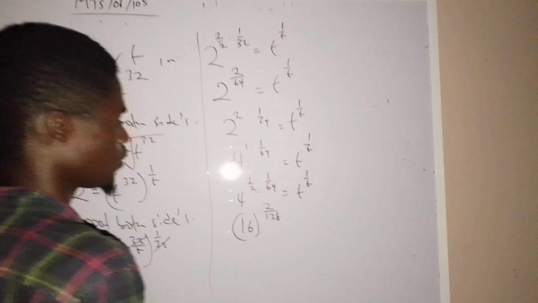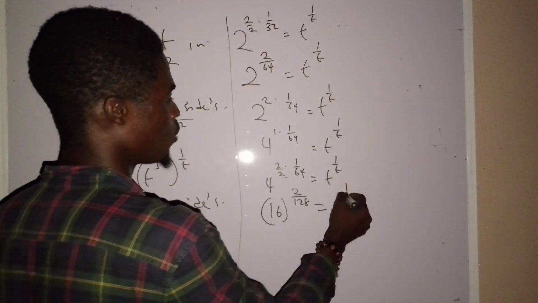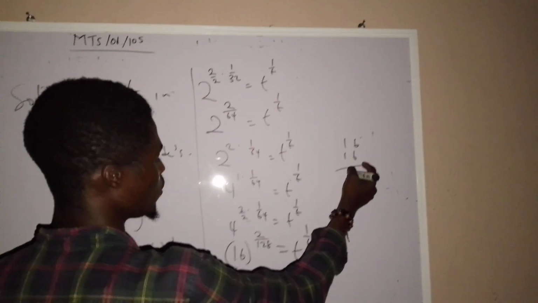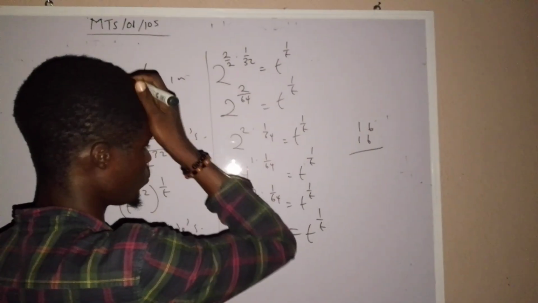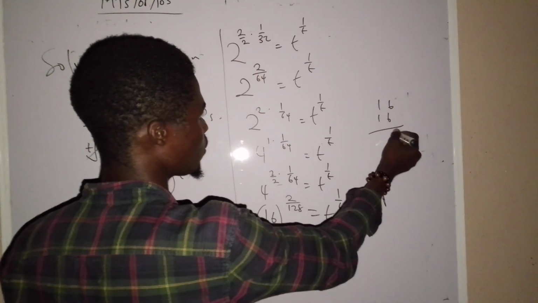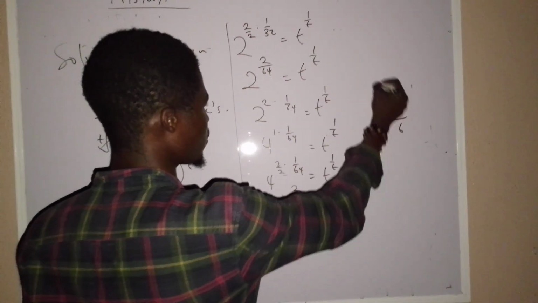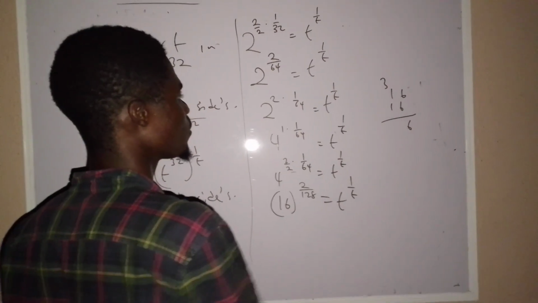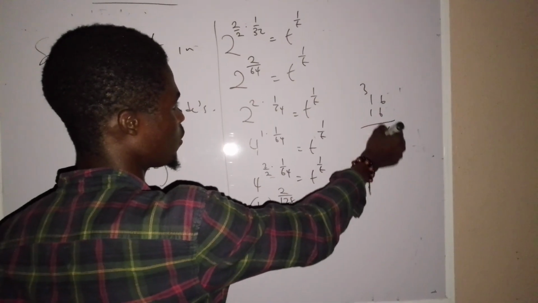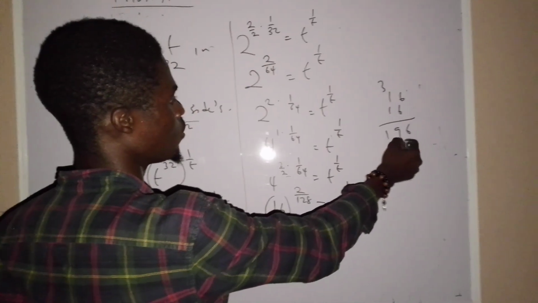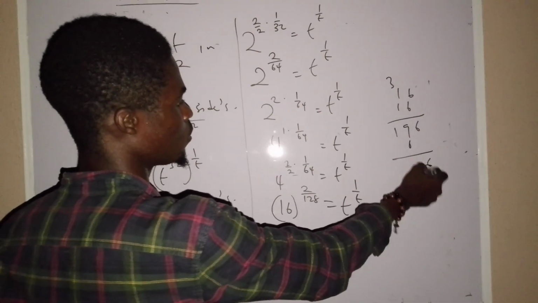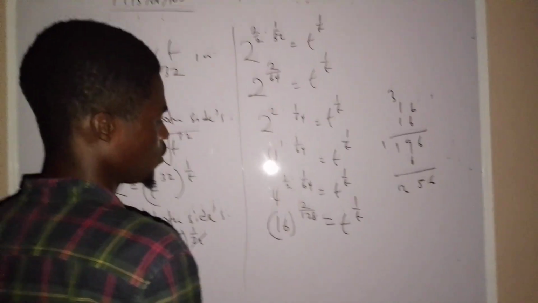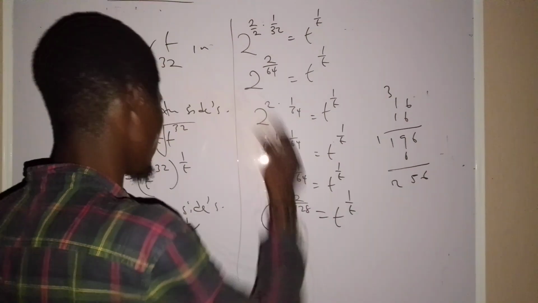Do you agree with me? Equals 2 raised to the power 1 over 3. 16 raised to the power 2, let's see how it goes. 6 times 6 is 36, 9, 1, 6, 5, 1, 256. So this is 256 like this.